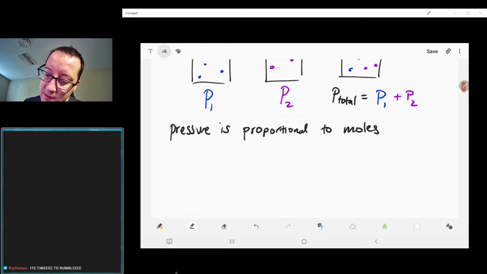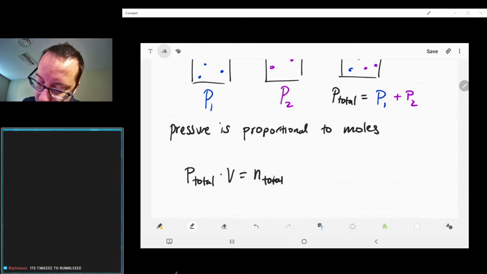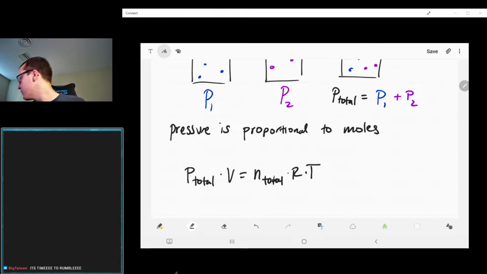But suffice it to say, what we've used so far, although we've only been dealing with single gases, is that technically our ideal gas law should look like this. This is what we've been doing so far. And it works, no problem, and it will continue to work.